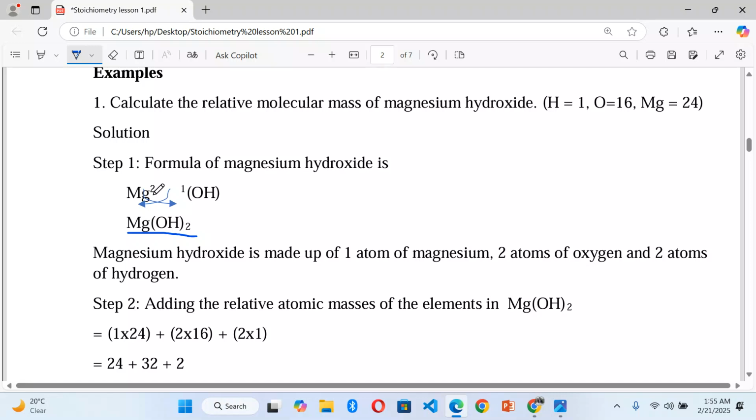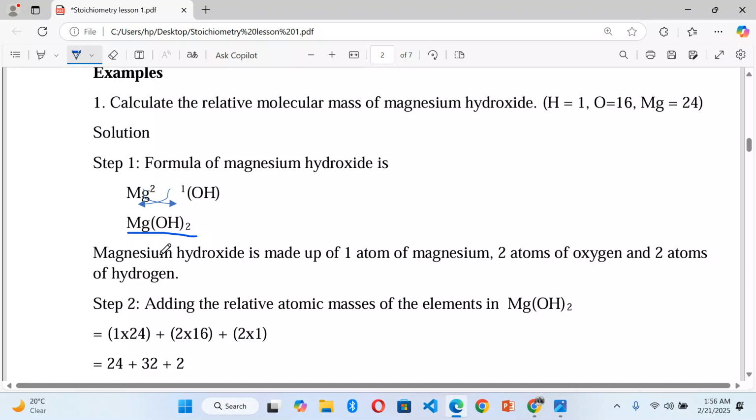So where do we get these valences? I believe in senior 2, we looked at how to write valences of different elements, and valences of different radicals, like hydroxide and sulfates, but in this case we have the hydroxide.